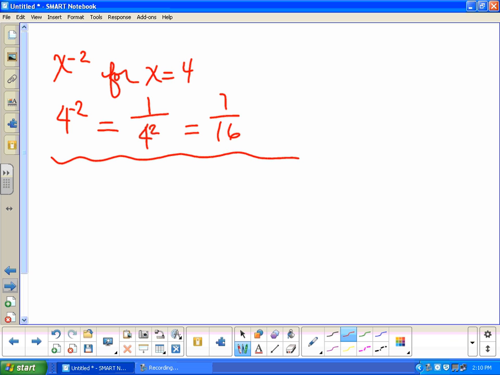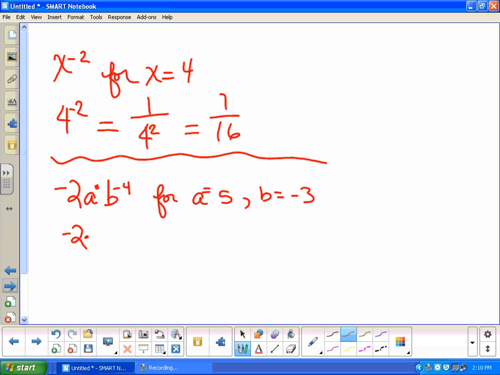Here's another example. This one has more factors. Let's say we have negative 2a to the 0 power, b to the negative 4 power, for a equals 5 and b equals negative 3. When you're given the value of the variable, you put it in. And let's put multiplication dots to show we're multiplying.